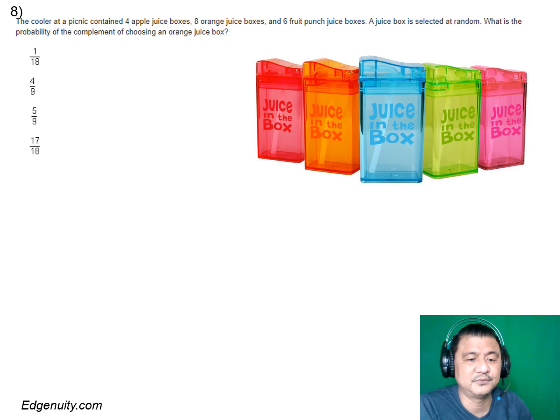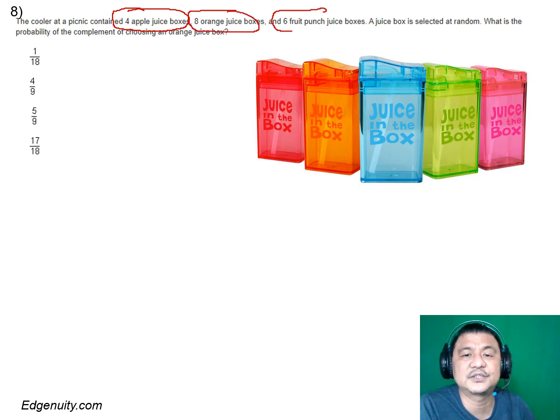Last problem. Ready? The cooler at a picnic contained 4 apple juice boxes, 8 orange juice boxes, and 6 fruit punch juice boxes. A juice box is selected. We select just one. What is the probability of the complement of choosing an orange?